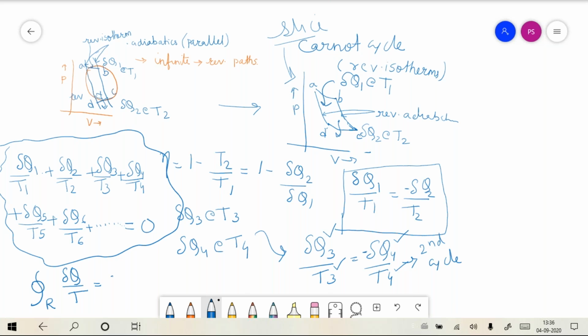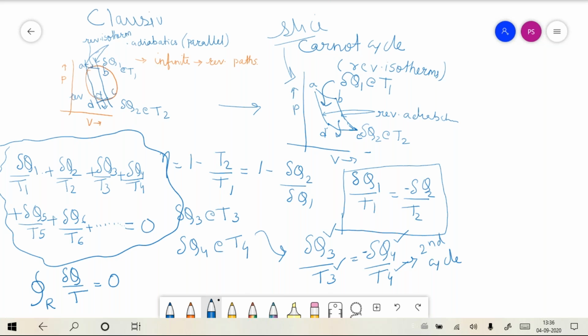So what we have shown is that if the cycle is reversible, the summation of all this del Q by T is equal to 0, and that is what is known as the Clausius theorem.